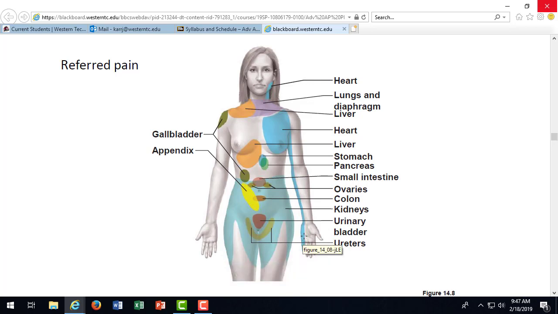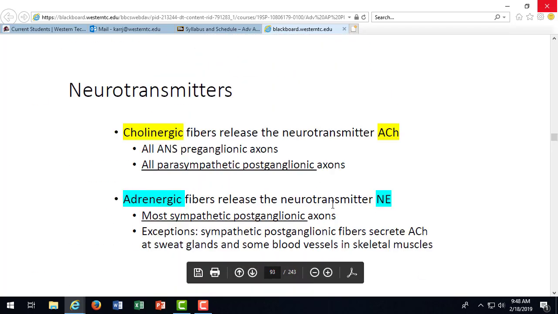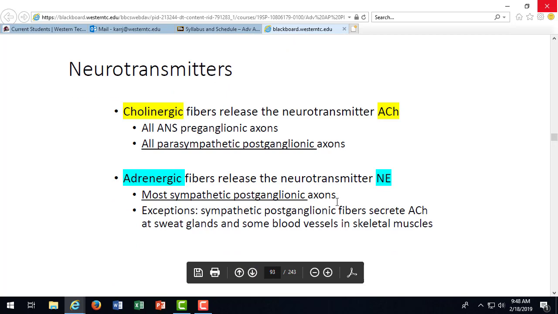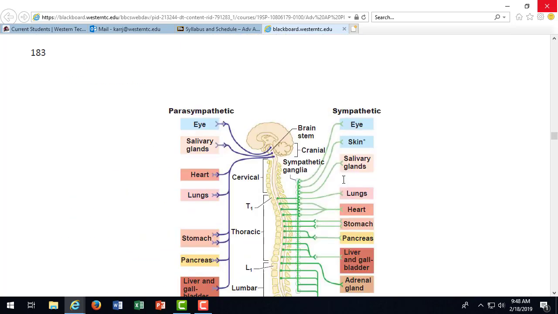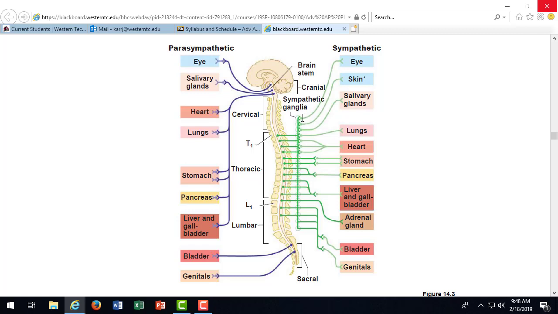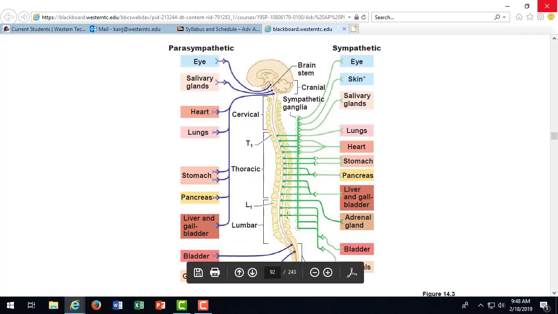It's just because these sensory neurons are coming in from organs and from skeletal muscle, and these dermatomes share the same pathway to the spinal cord. So the sympathetic nervous system, if we look and see where these neurons come off, it's all in the thoracic and lumbar region of the spinal cord.